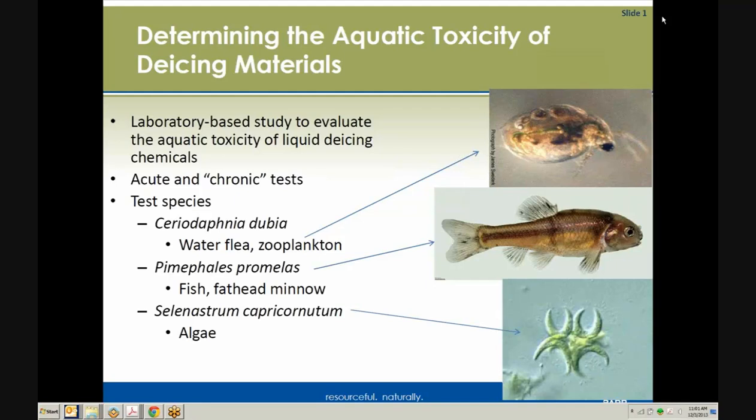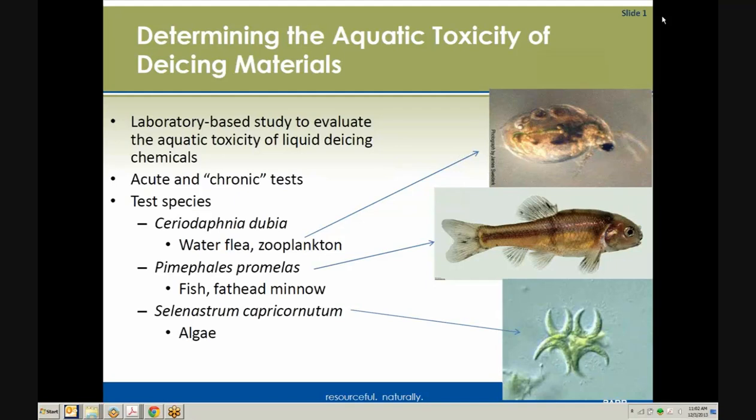So the study that we conducted was a laboratory-based study to identify the aquatic toxicity of liquid de-icing chemicals. And 3 species were chosen as the guinea pigs of the aquatic toxicity evaluation.